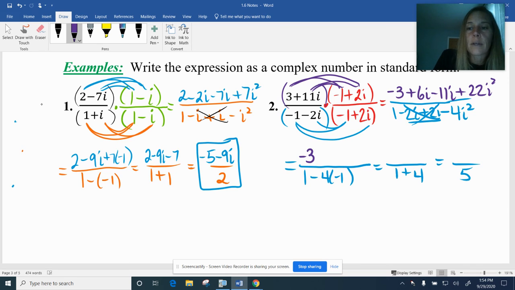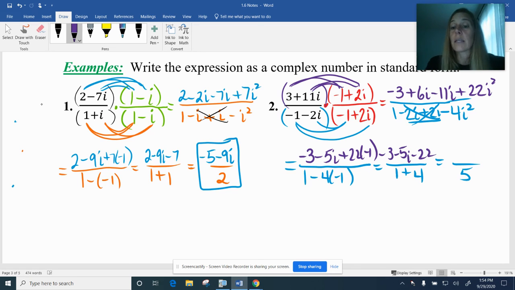So I have -3. The two middle terms combined, they're like terms, so -5i. And then I have plus 22 times -1, which of course is -22. And then -3 minus 22 is -25.